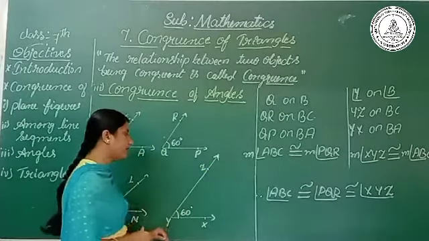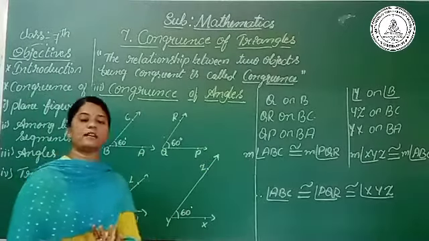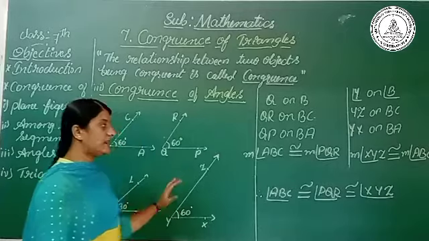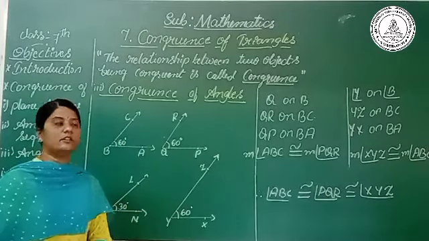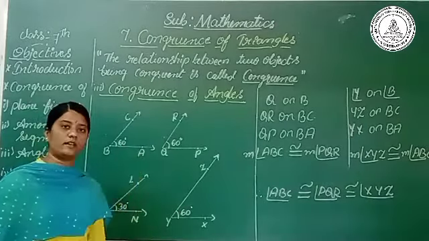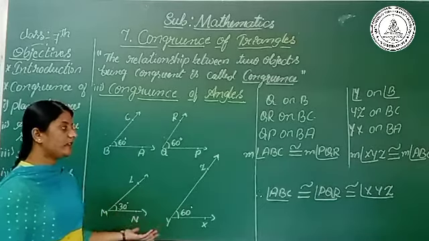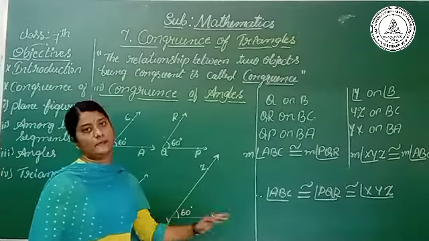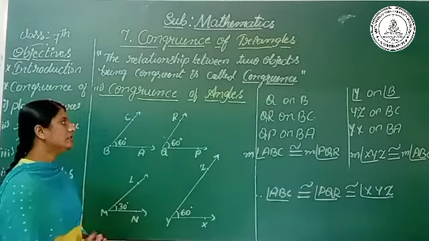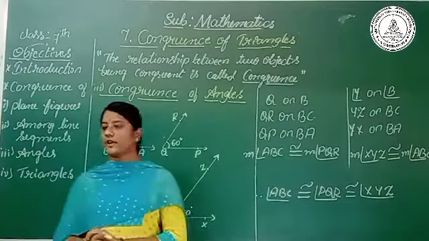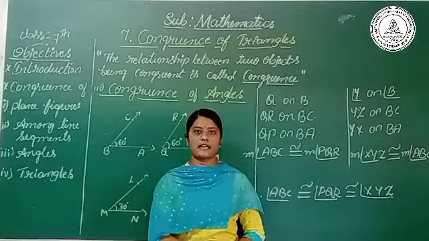So we can say that when two angles have the same measure, then they are said to be congruent. If two angles are congruent, then the measures of the angles are the same. Then let's move on to the fourth one, congruence of triangles.